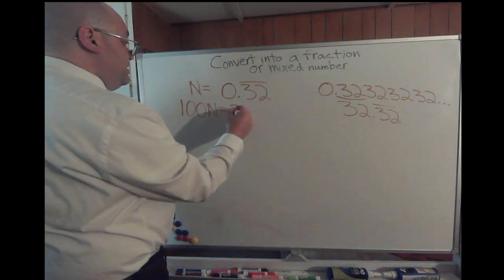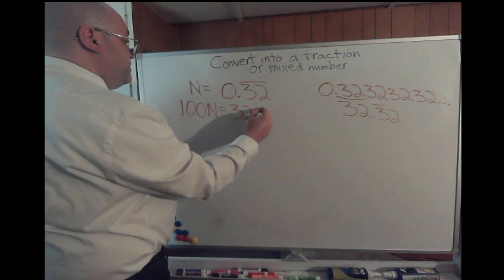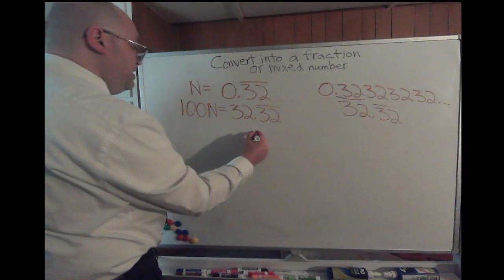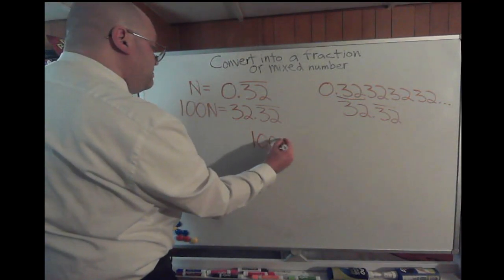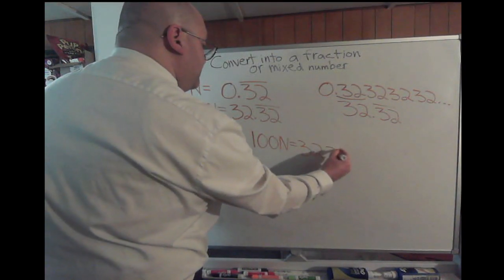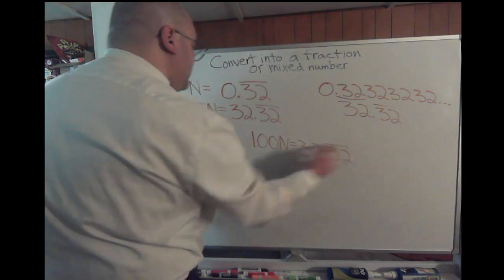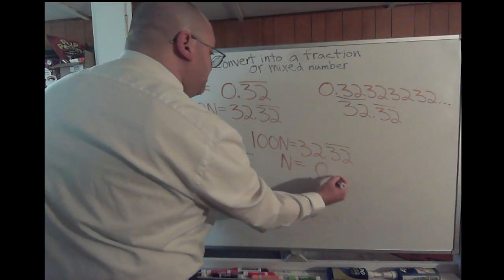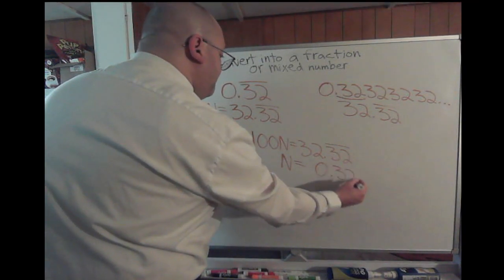So 100n would equal 32.32 repeating. So now you're going to do your 100n equals 32.32 repeating minus n, which equals 0.32 repeating.